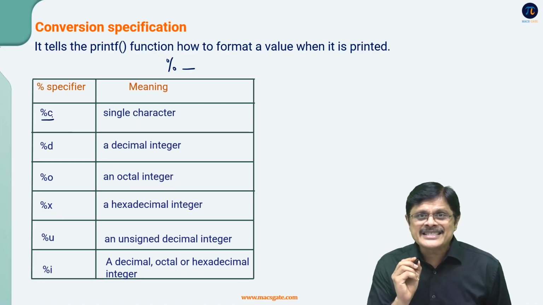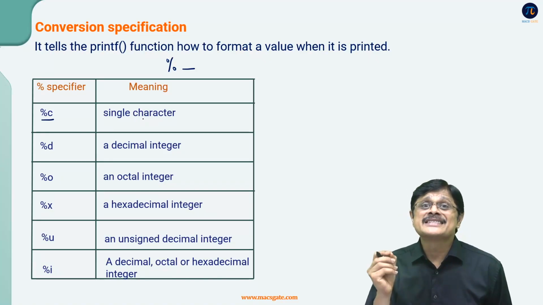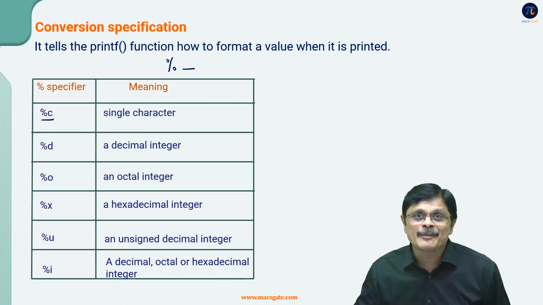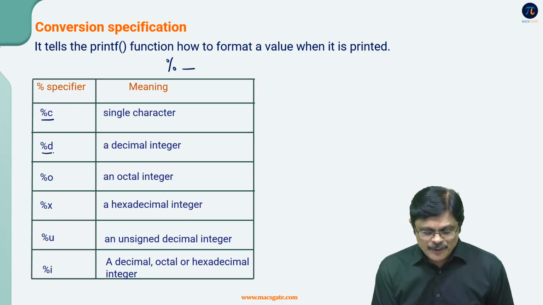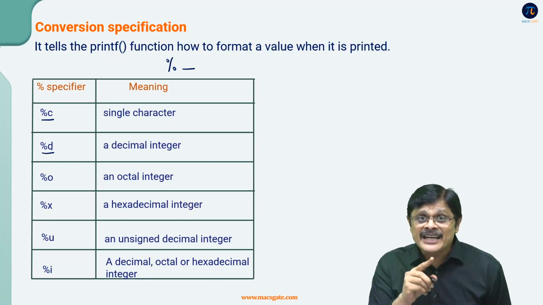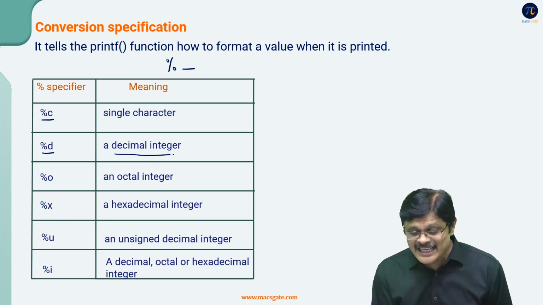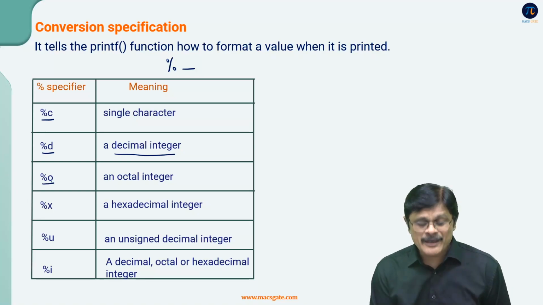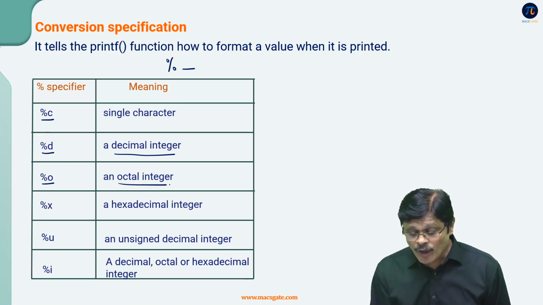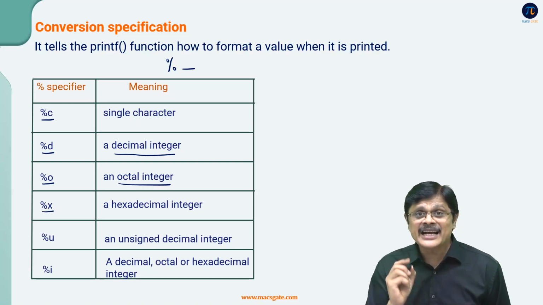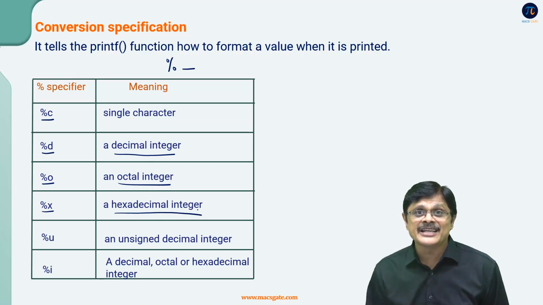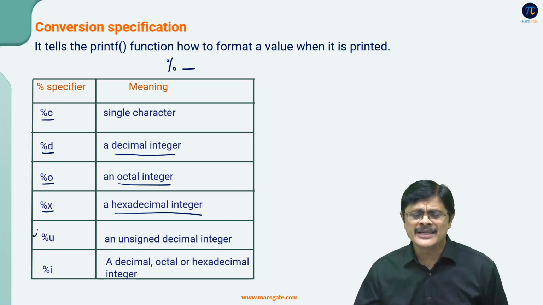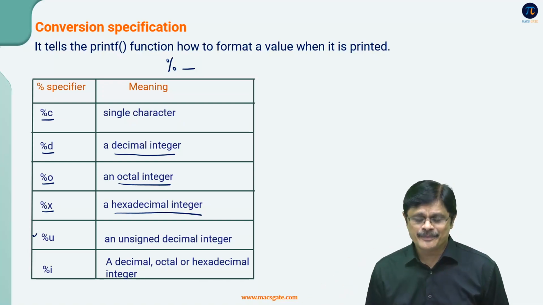So %c means a single character will be printed. With respect to printf, %d will print a decimal integer value, %o will print an octal integer, %x will print a hexadecimal integer, %u will print an unsigned integer value.